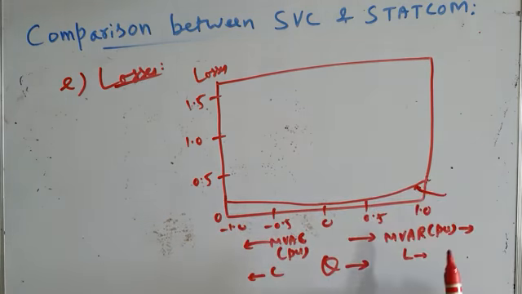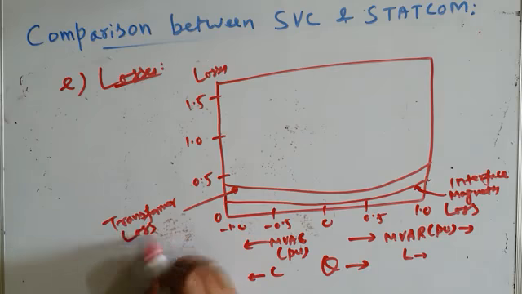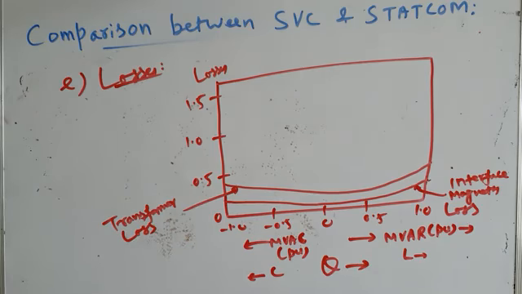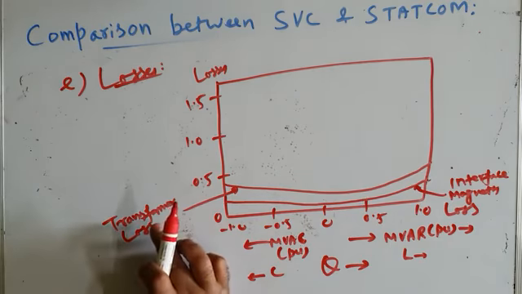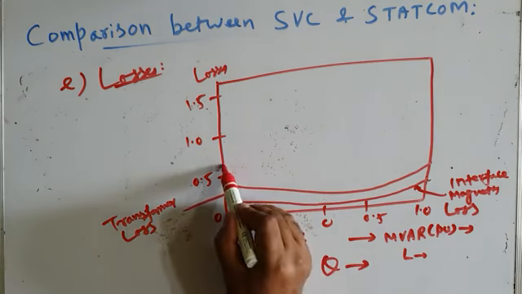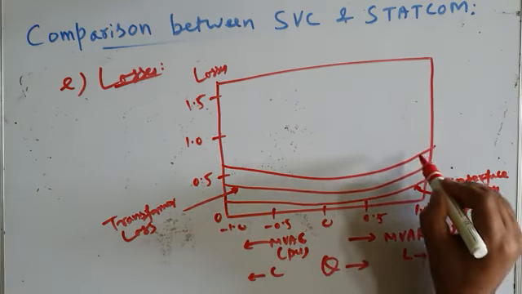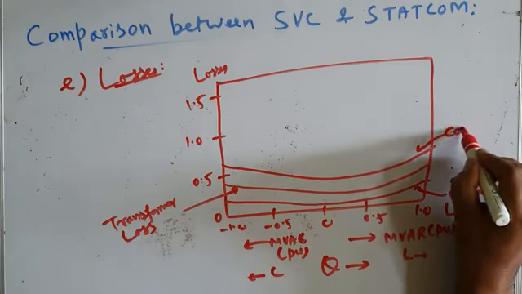Next loss is transformer loss. You have a coupling transformer in STATCOM also, because your STATCOM is generally coupled to the transmission line through a coupling transformer. So this shows transformer loss. Then you have converter loss. This is converter loss.